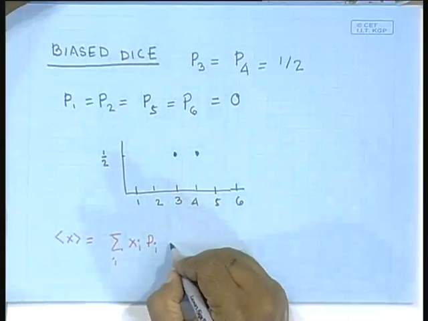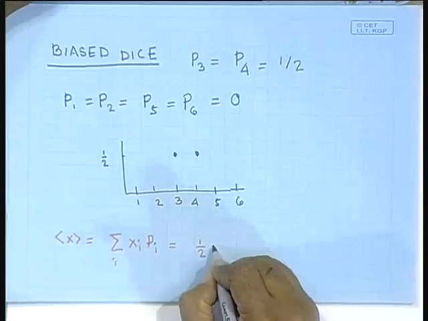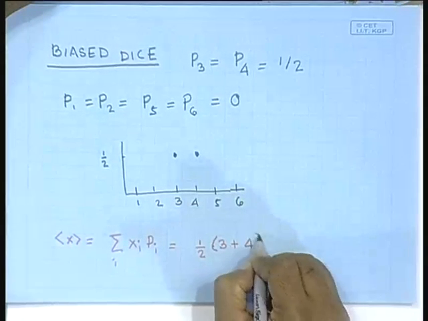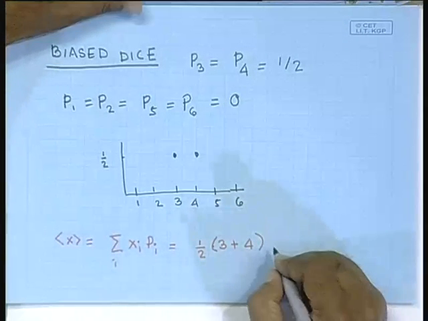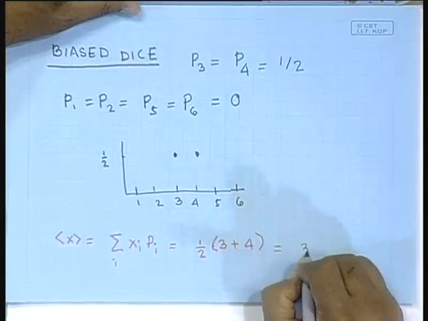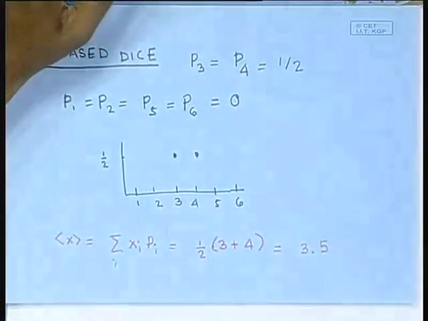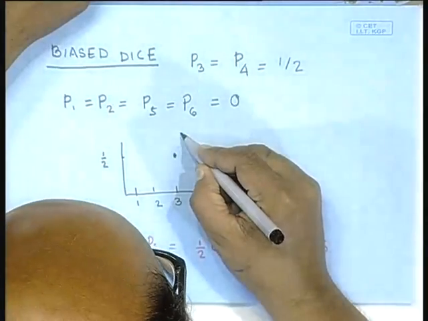There is a probability of getting 3, and the probability is half. There is a probability of getting 4, and the probability is half. So, we have 3 plus 4 divided by 2, and again you find that the expected outcome is 3.5. So, on the average you expect to get 3.5. You will never get 3.5, you will get either 3 or 4.